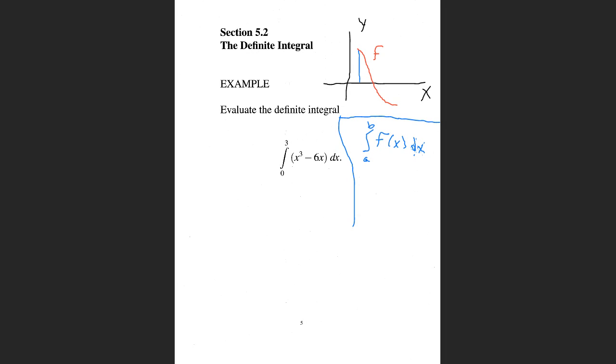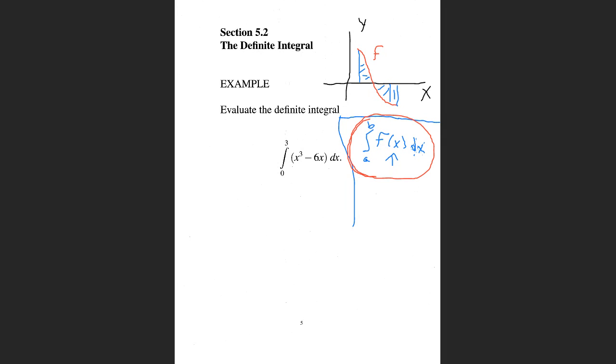What does this definite integral mean? Well, in terms of our picture up here, if we were to add the first area and the second area, which is the area bounded between the function and the x-axis, the sum of those areas would equal the definite integral here.